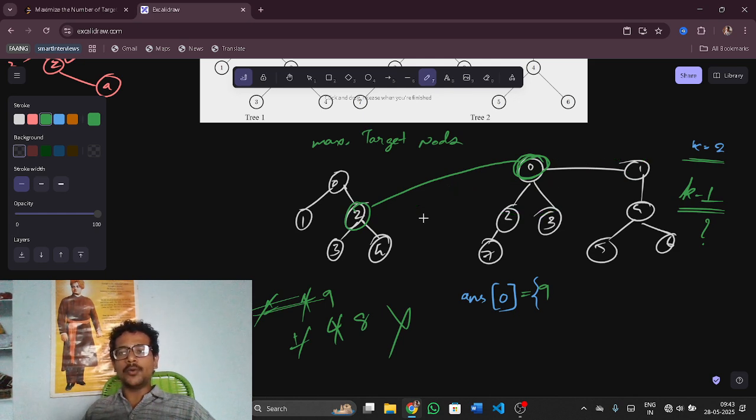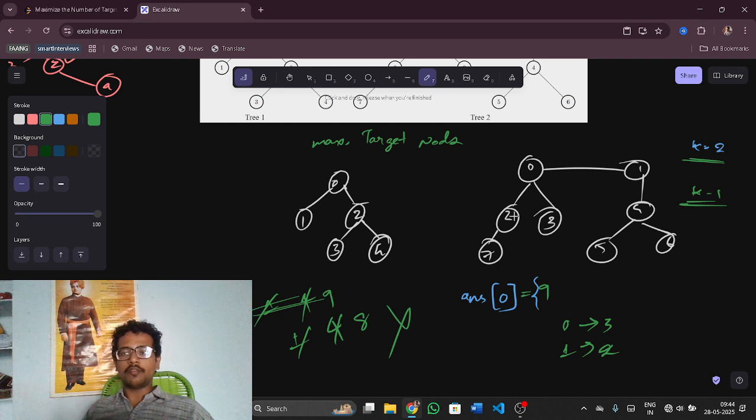So what I'll do is check how many target nodes there are for every node which comes under k minus 1. For 0, I got 1, 2, 3. I got 3. For 1, I got 1, 2.